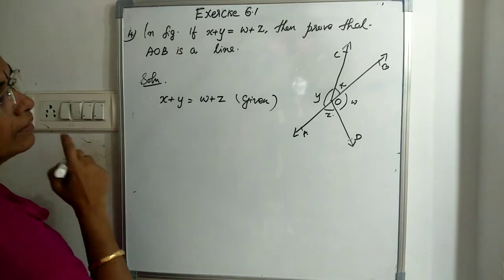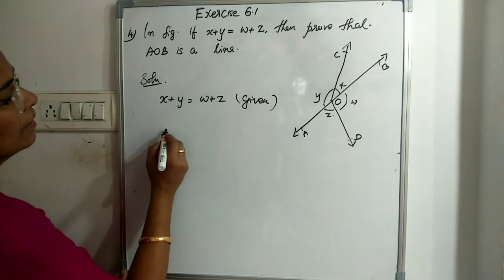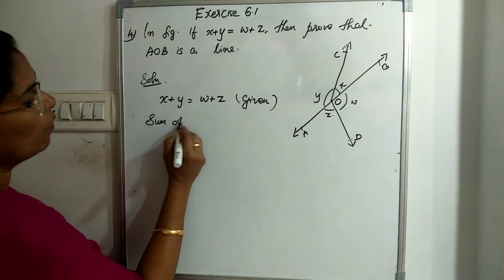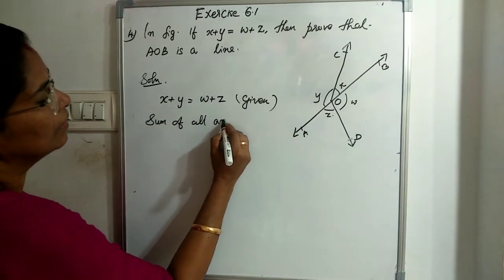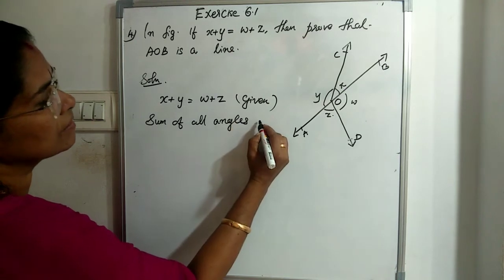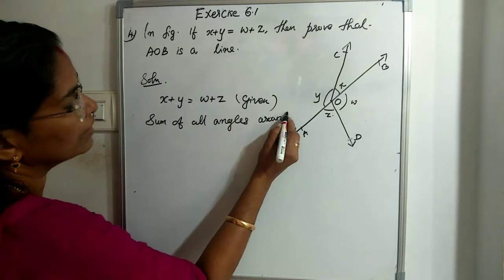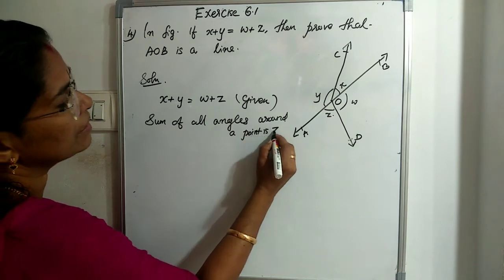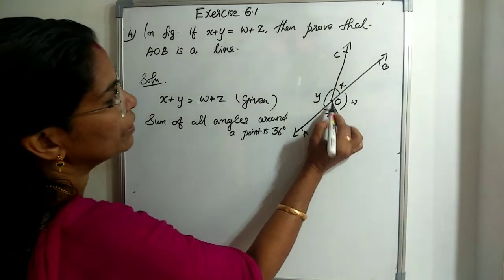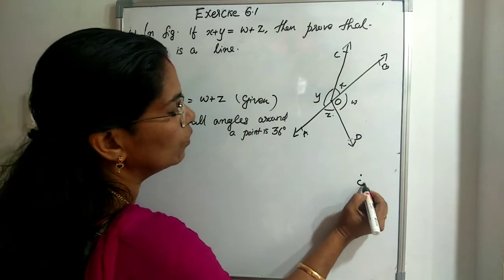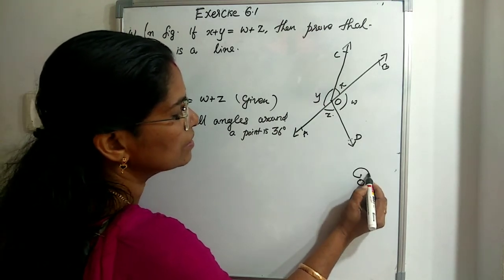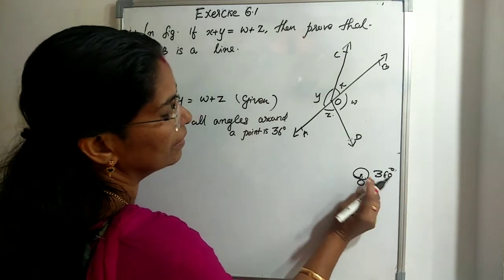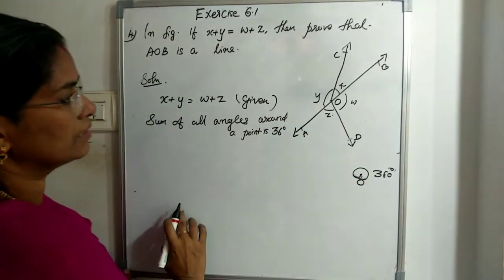Next, we know the sum of all angles around a point is 360 degrees. At the point O, the sum of all angles around this point is 360 degrees.